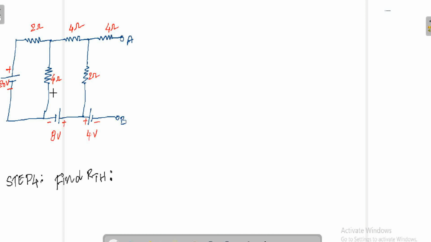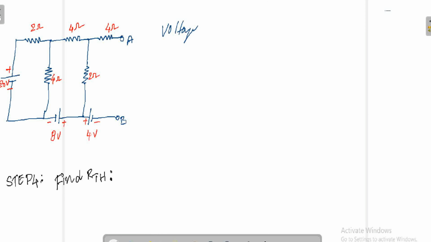So, if a circuit contains only independent sources, we have to find RTH by replacing an independent voltage source with a short, and replacing a current source with an open circuit.